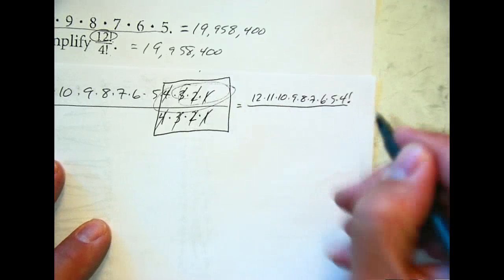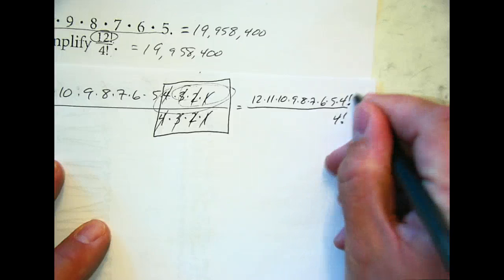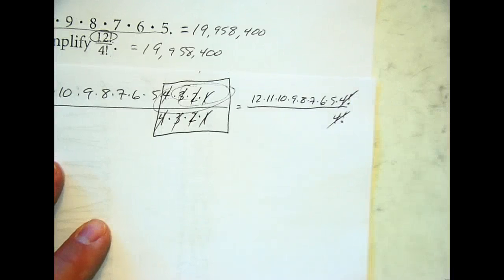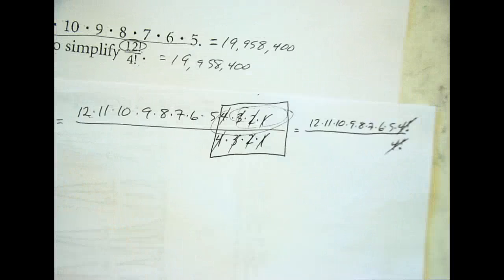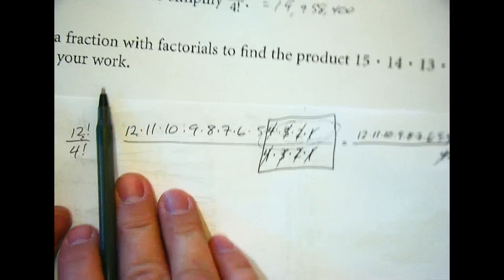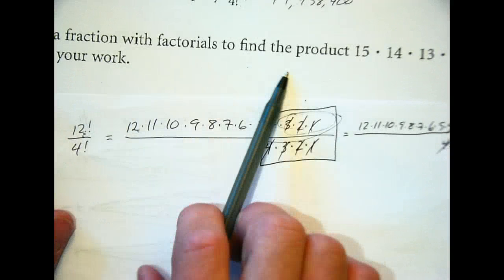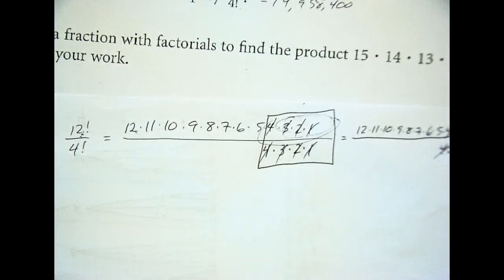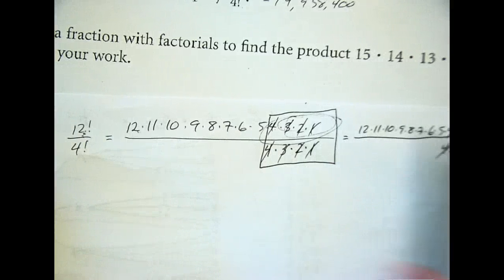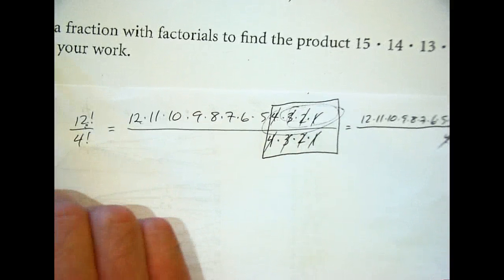Those two pieces cancel. Now, why am I going through that? Because when I'm writing fractions to express factorials using permutations and combinations, we use a formula, and it really does stuff like this. So before we can do that, I want to make sure that we have that down.